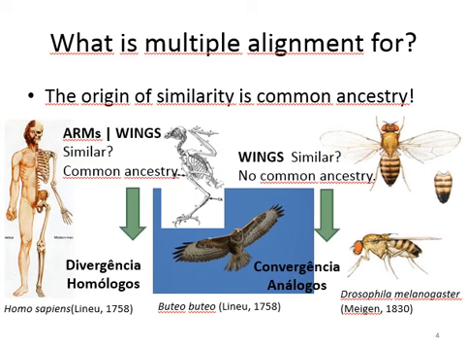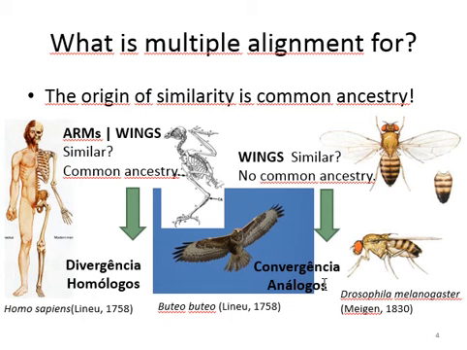So analyzing, in fact, arms and wings have a common ancestry because they have the same structure, so they resulted from divergency and they are called homologous. Also, you have both wings that are made to fly, but they have no common ancestry. They result from convergency and they are called analogous.